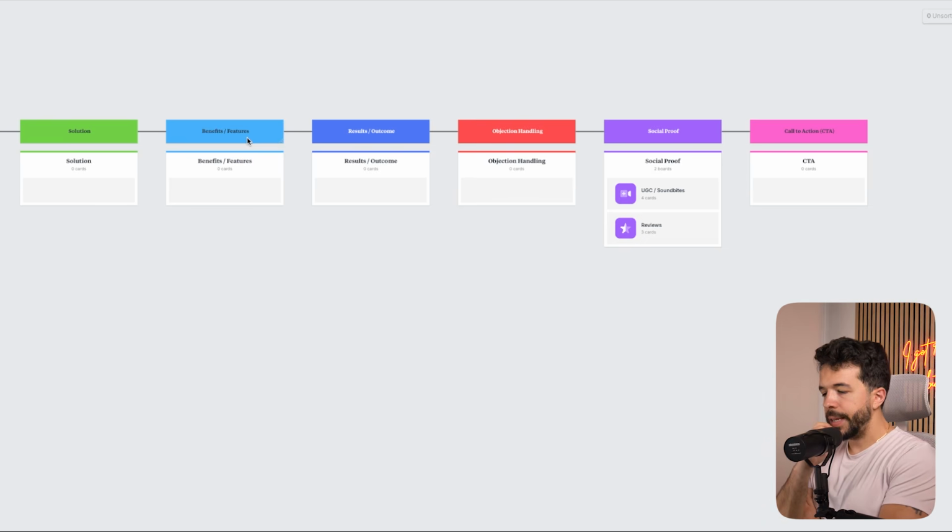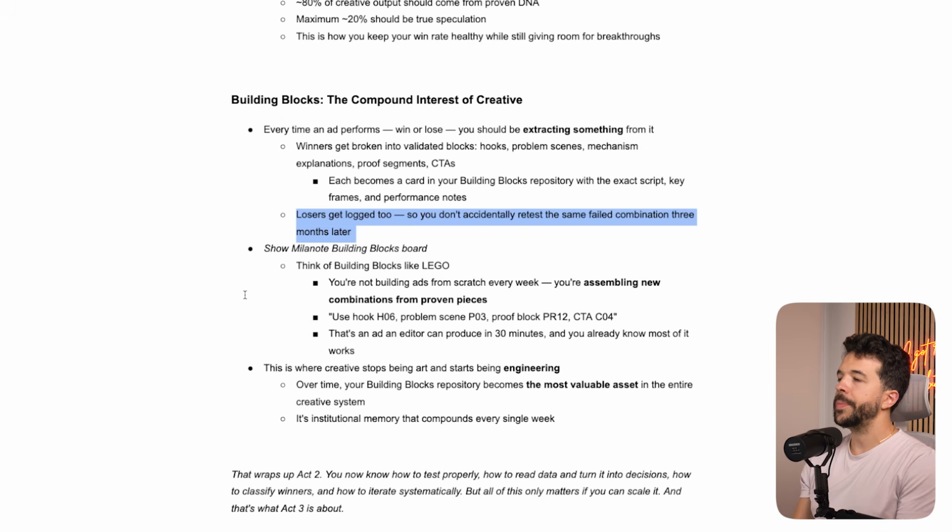I really like to go through the building blocks repository to get inspired by winning scenes, by something that gets my clients to buy. So this is something that I really like doing, and I would highly recommend you do the same.